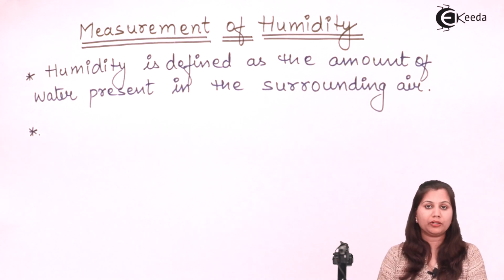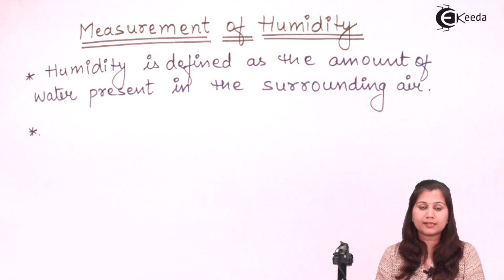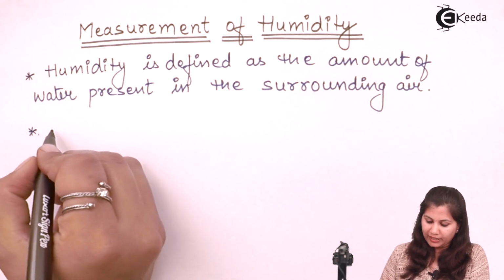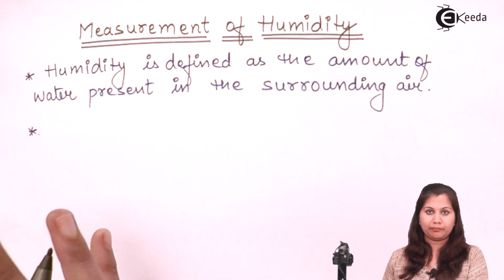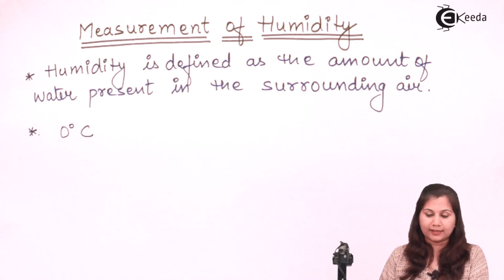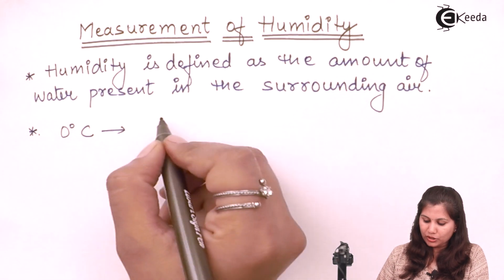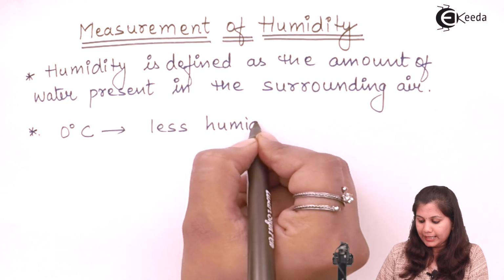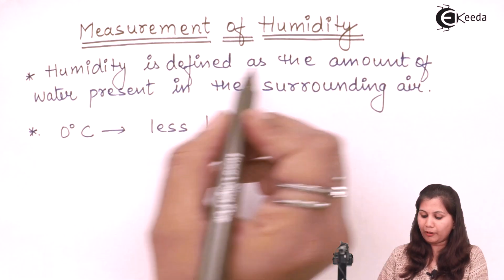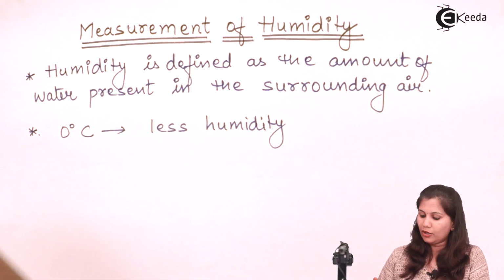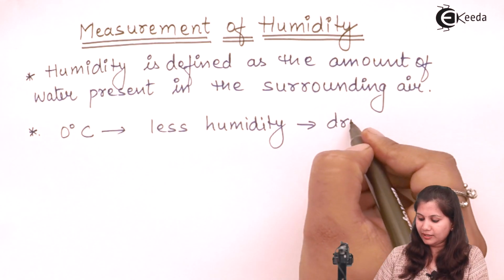Now why is the measurement of humidity important for us? Because humidity plays an important role for humans also. Suppose the surrounding temperature is 0 degree Celsius, but it has very less humidity. Less humidity means that the amount of water present in the surrounding air is very less, so we can say that the air is very dry.